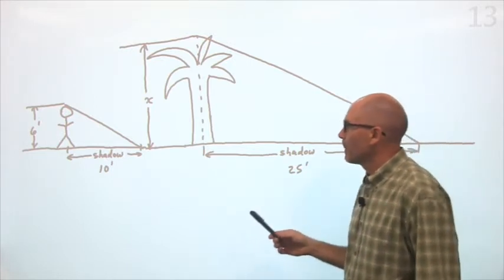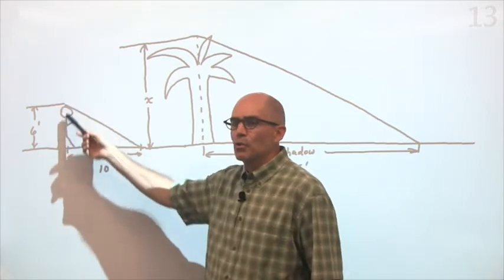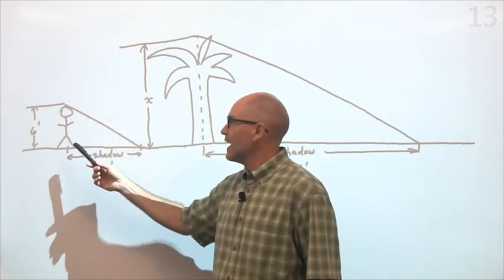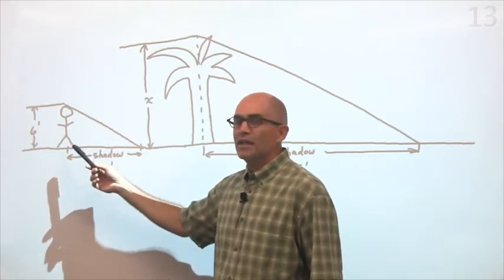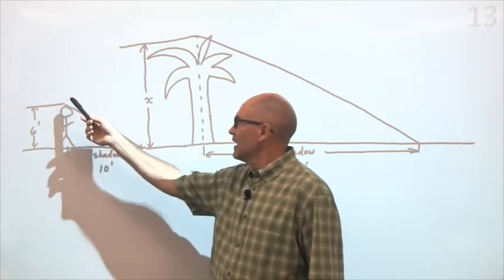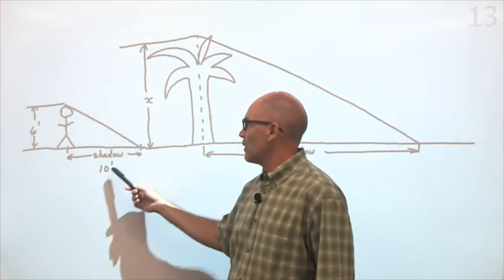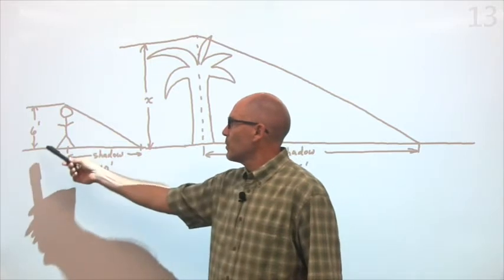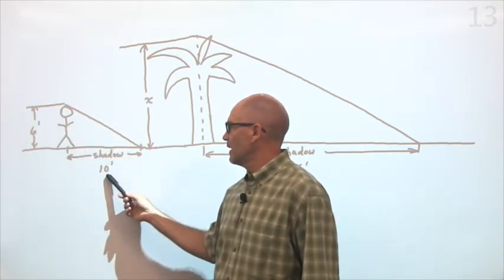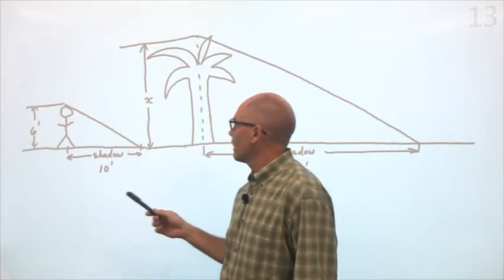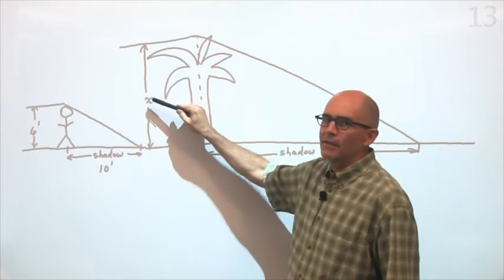Let's say a person who has a measurable height is standing on flat level ground, and the sun is shining, and the angle of the sun produces a shadow. So the person's 6 foot tall and the shadow is 10 feet. Now, you have a tree of unknown height.